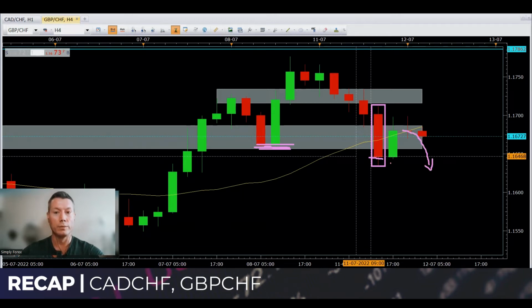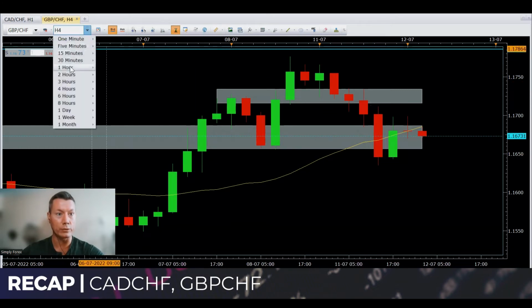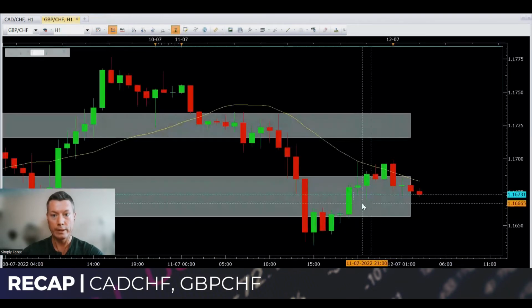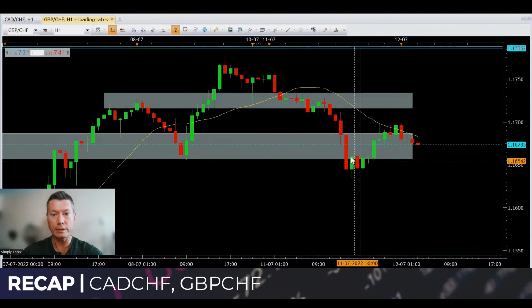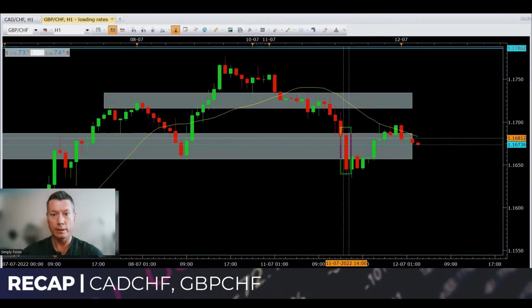So for that reason, guys, I stayed out of the H1 candle. Let me show you again. For that reason, this candle here was the end of the H4. That's where it closed, and this is why I didn't enter on the next green candle. All right, guys, so just on pound Swiss franc, let me know how you traded it. But for me, our criteria wasn't met, so there were no setups for me to trade, guys.